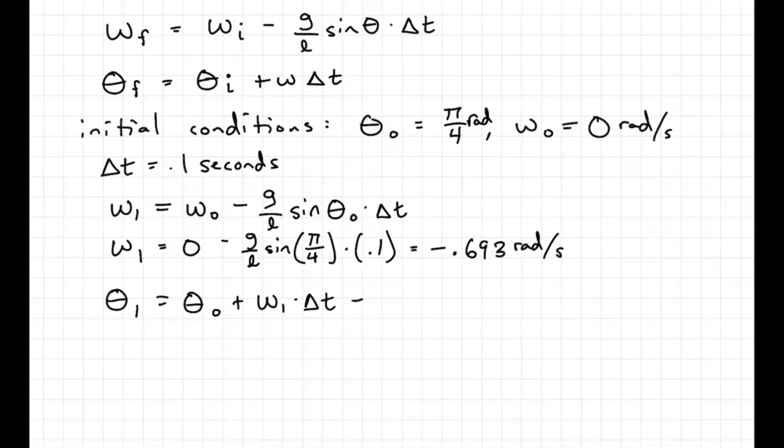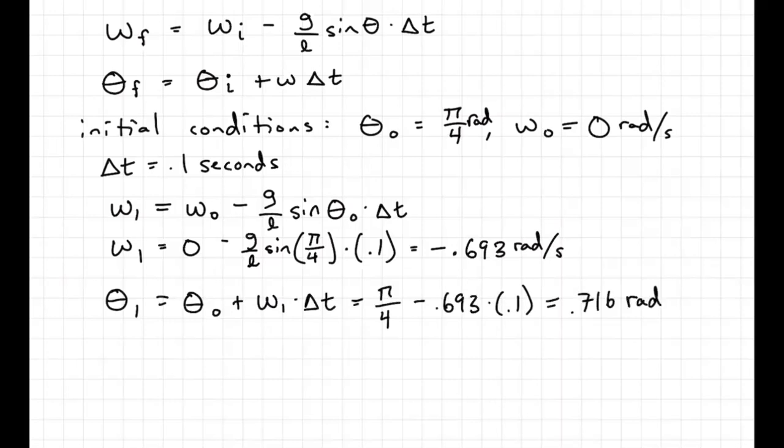So if I do that, I get pi over 4 minus 0.693 times 0.0, not 0.01, 0.1. And that, if you work it out, is equal to 0.716 radians, a little bit less than pi over 4.